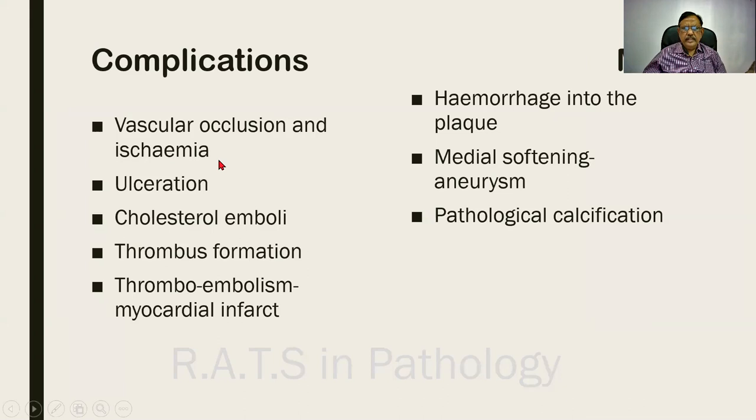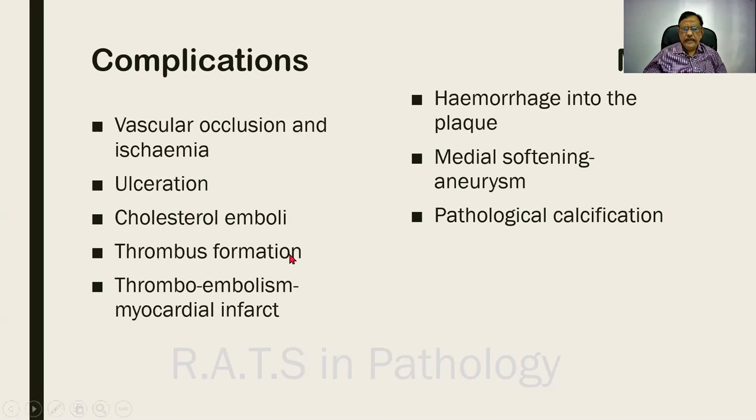Ischemia is cessation of blood flow and lack of oxygen. Ulceration, we had seen in the previous picture. There can be a loss of the lining epithelium, and in that some complications can occur. Cholesterol is present within the core, and this can be released into the blood, causing cholesterol emboli.